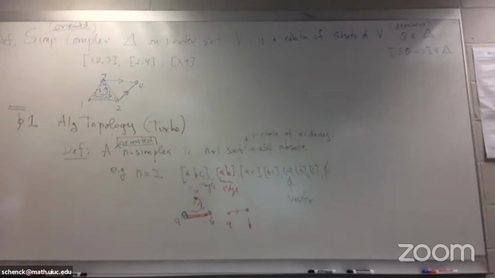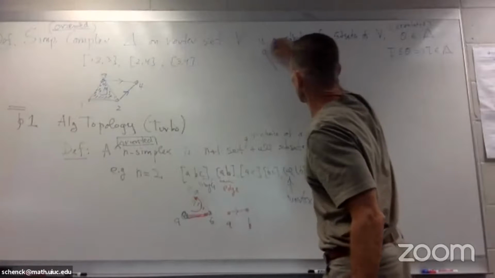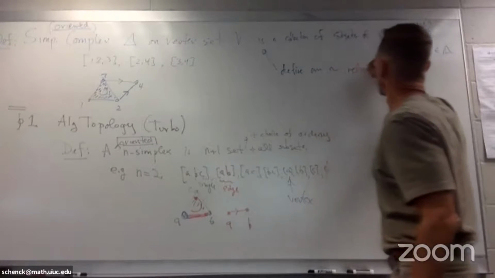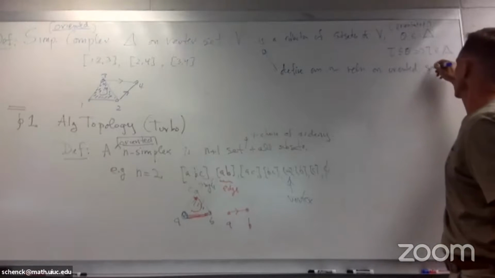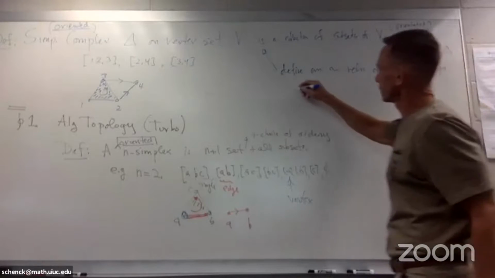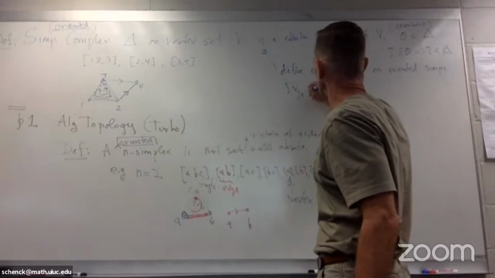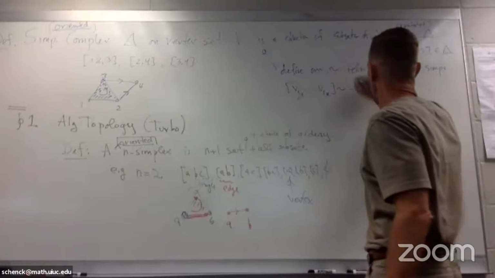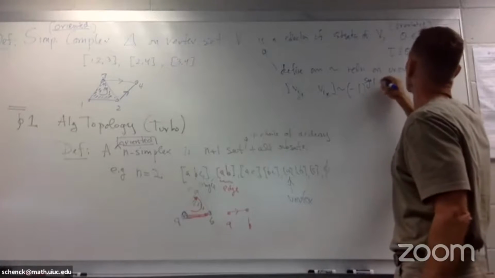And then the only technical thing I'm going to talk about, and it's not too technical, is an equivalence relation we're going to use. I'm going to define an equivalence relation on my oriented simplices. Let's just start with the case: [v_{i0}, v_{i1}, ..., v_{ik}] is equivalent to (-1)^sign(sigma) times [v_{sigma(i0)}, ..., v_{sigma(ik)}].